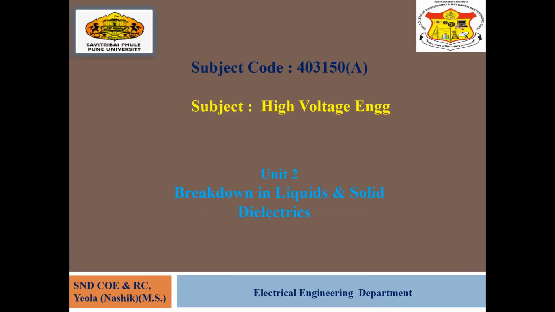We have seen the different methods for how the breakdown occurs, the different theories, why we use Townsend theory, why we use Streamer theory, what is primary ionization and secondary ionization. We also saw the different mechanisms, such as the Thermal mechanism and the Field emission mechanism, in the case of breakdown in gases.